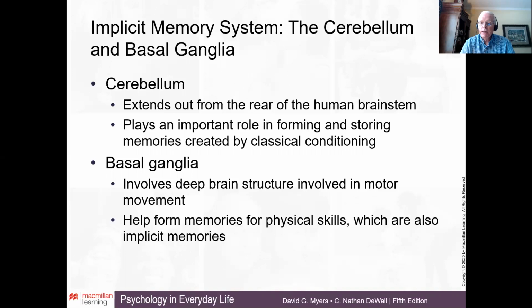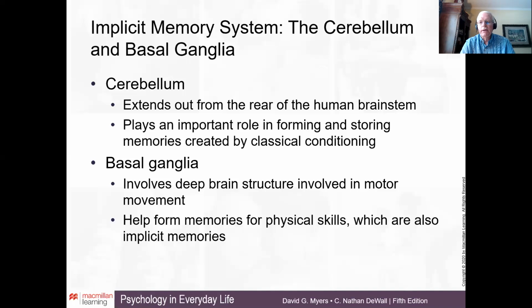The basal ganglia, which are structures deep in your brain, are involved in the processing and storage of skill memories that involve muscle memory, motor activity, physical skills that we develop.